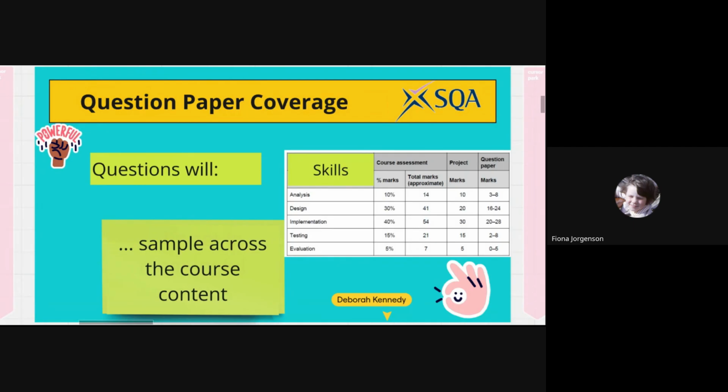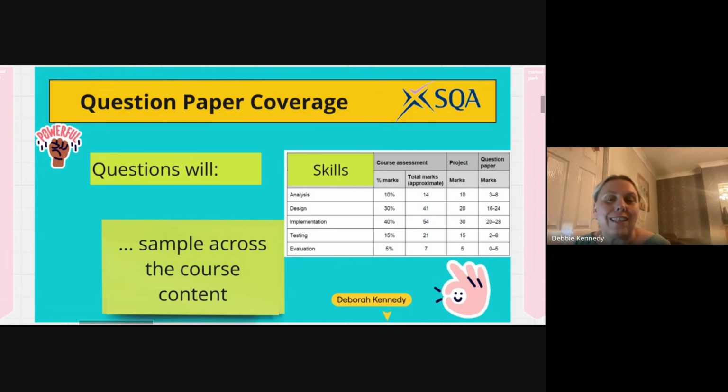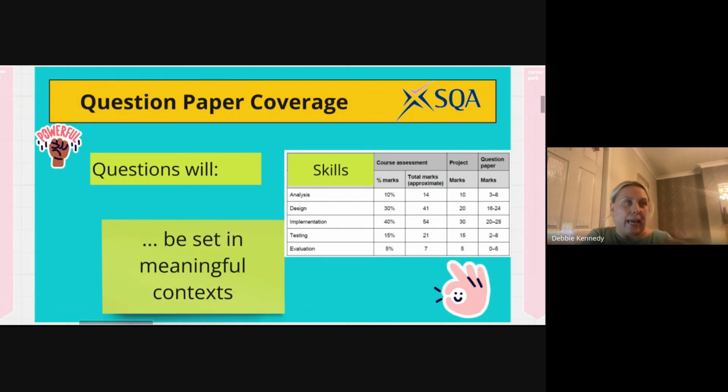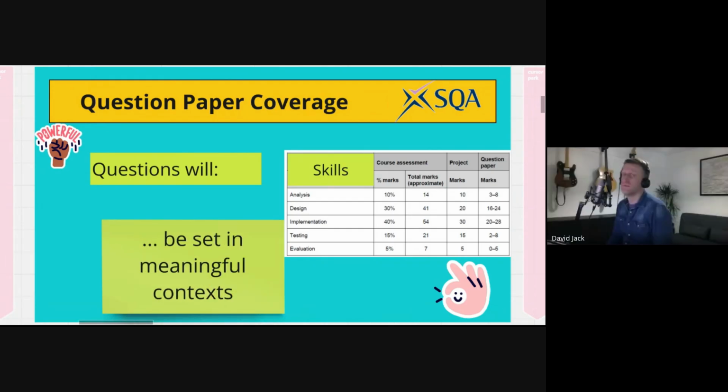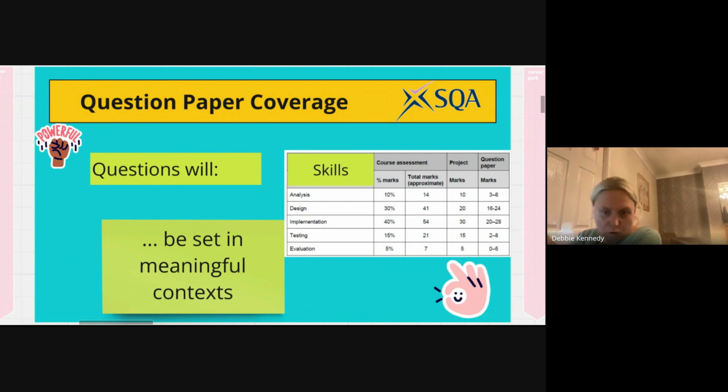All of these skills are going to be sampled across the whole course content. By that I mean you're not just going to get design in a database question and implementation in a software question. You can expect them to be across them all.